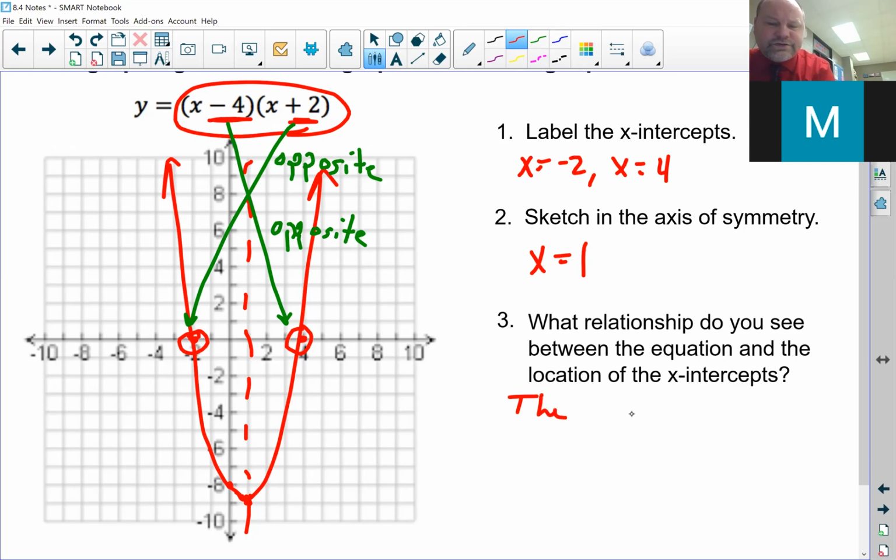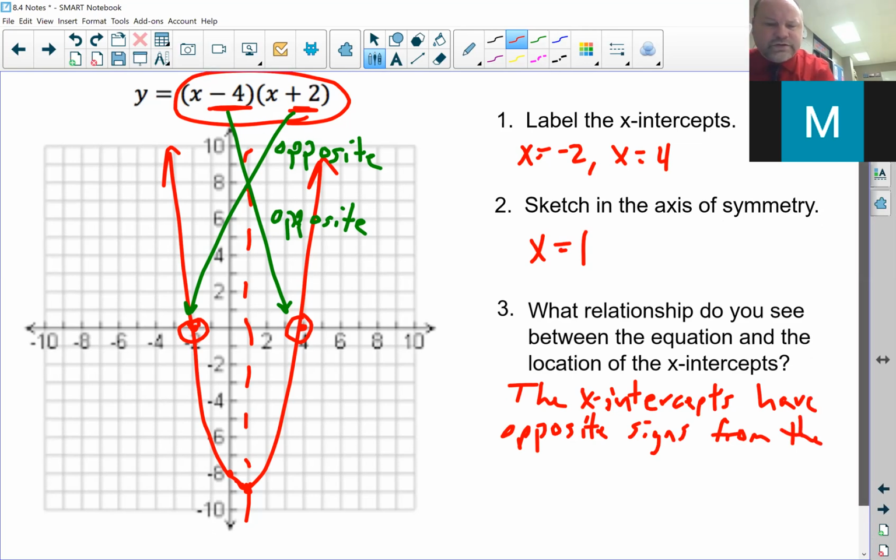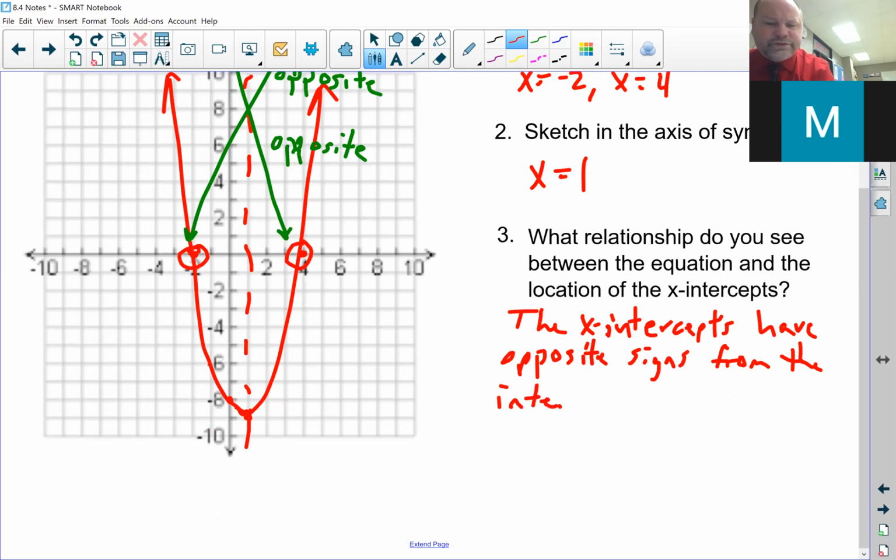So the X-intercepts have opposite signs from the intercept form.